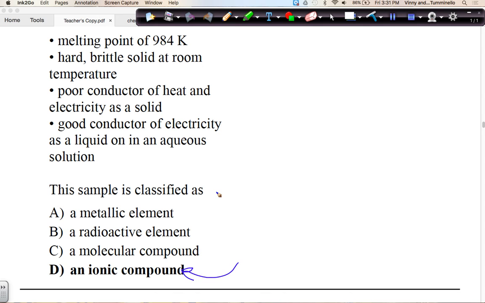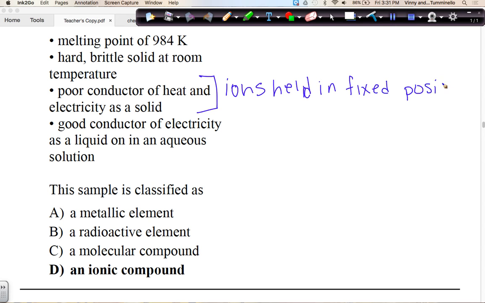The big telling indicator here is that ionic compounds do not conduct in the solid because their ions are held in fixed positions when they're in the solid.